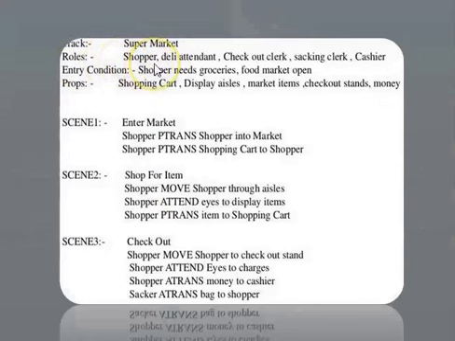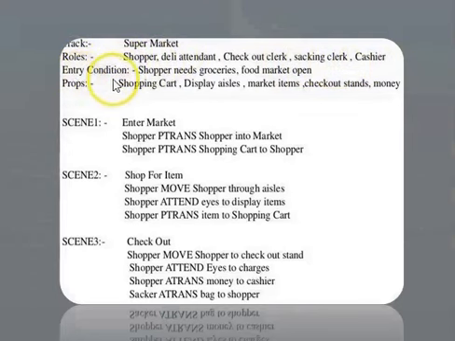The shopper is a person. Delivery attendants, delivery boys, will be another person. Then a checkout clerk can be there. Packing clerks, packing agents can be there. A cashier will be there. And then we can have different roles available in the supermarket.